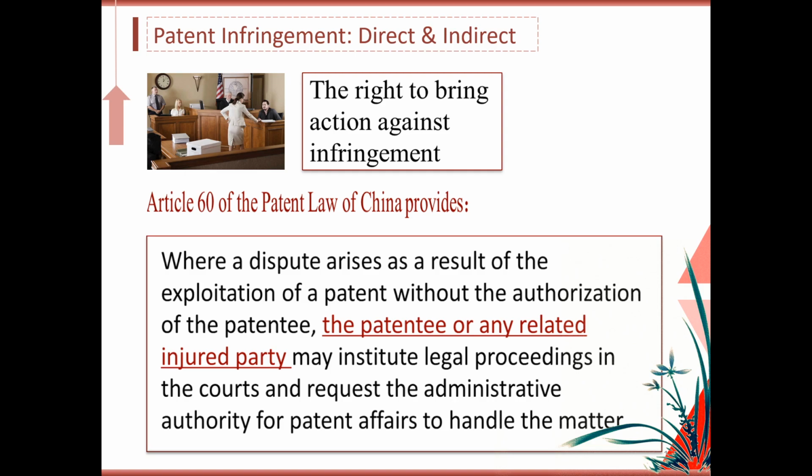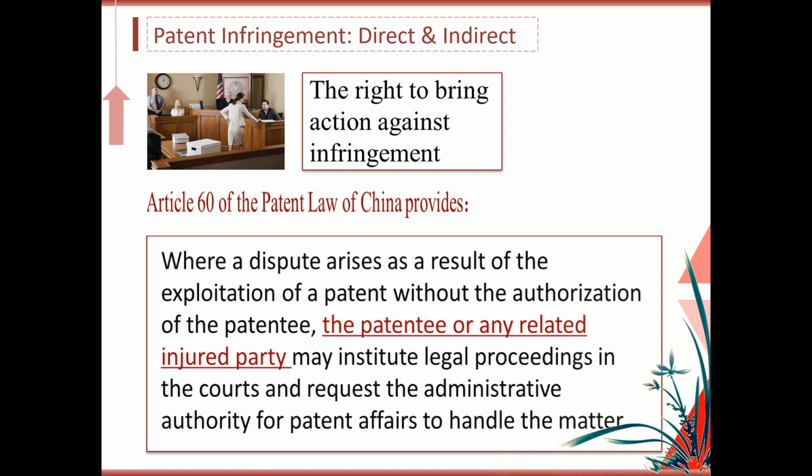In the case of infringements, the patent owner could choose to sue the defendants in front of the courts. Meanwhile, could also go up to the patent administration, making a complaint to the administration against the infringing parties.